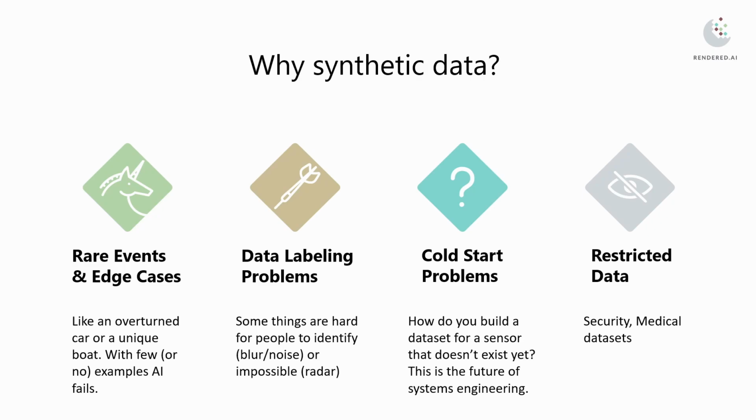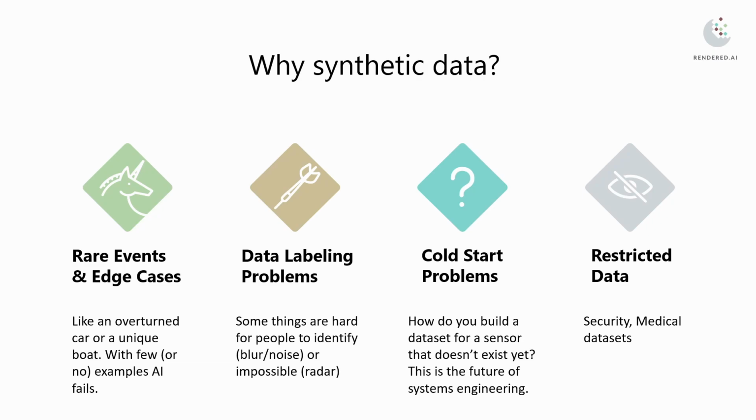Another reason synthetic data can be really important is that it's often difficult to label data appropriately. So in computer vision with RGB imagery from a camera, a human can often look at images and draw boxes around things and label them. And that works as long as it's not too blurry. A human brain does a pretty good job of understanding what's in there.